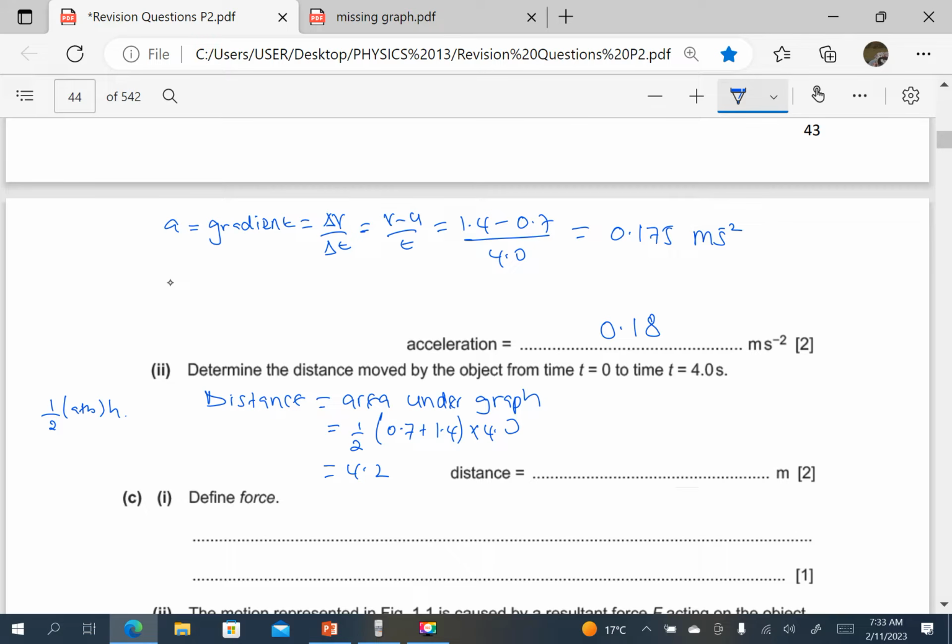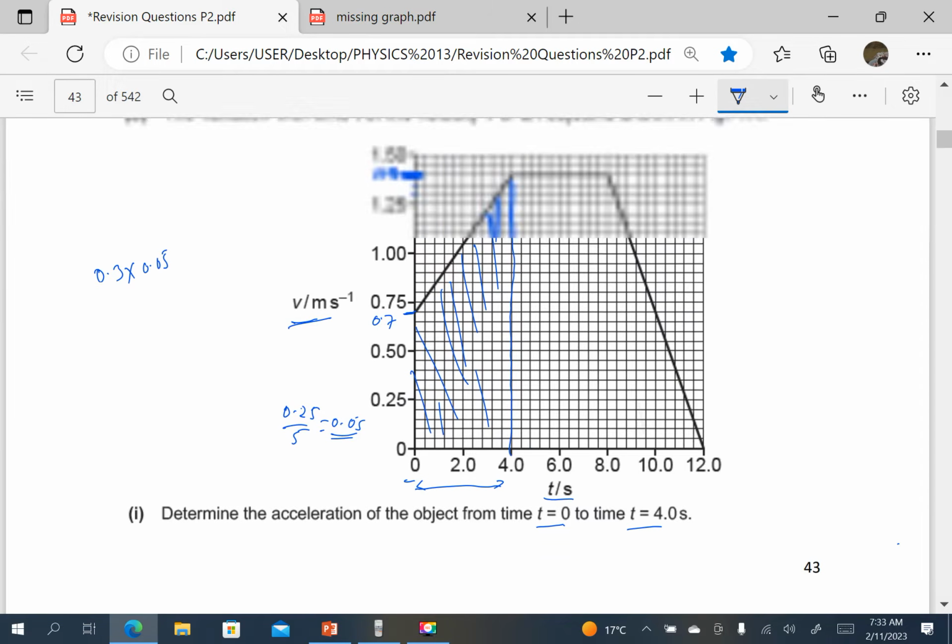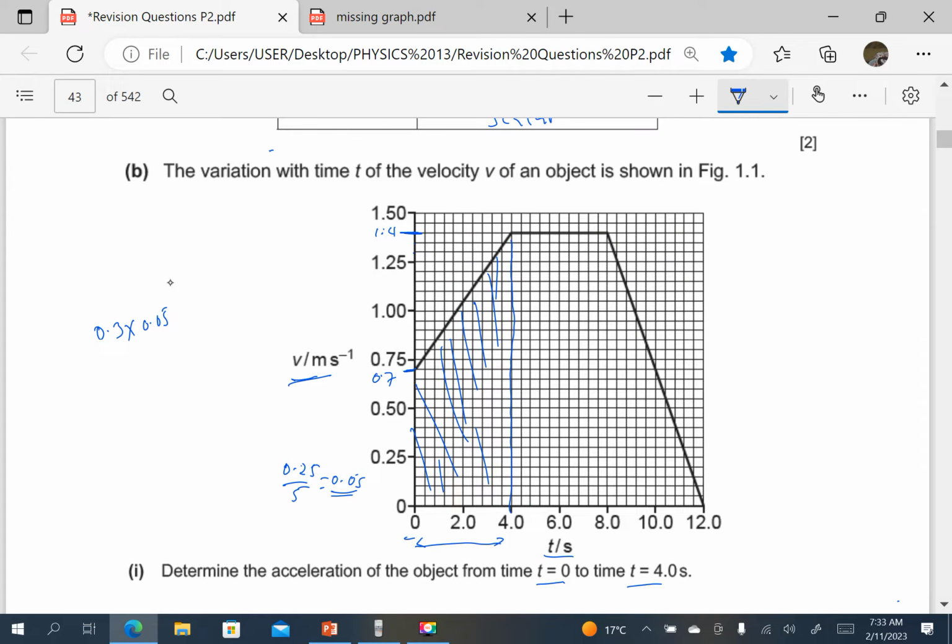Alternatively, you could have divided that into a triangle and a rectangle. So here we are seeing that our distance is 4.2, but let's use another method. We can divide this into a rectangle and a triangle.